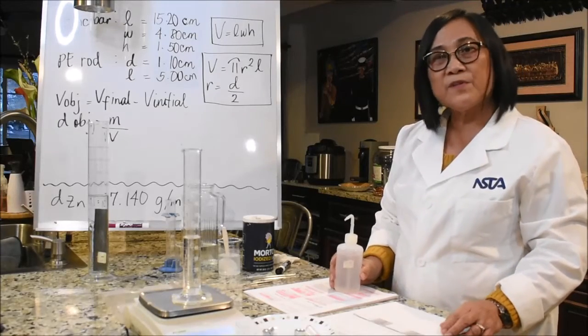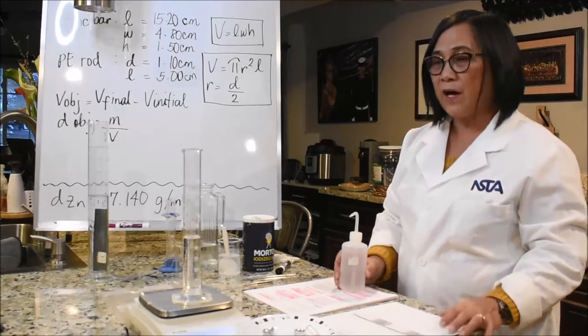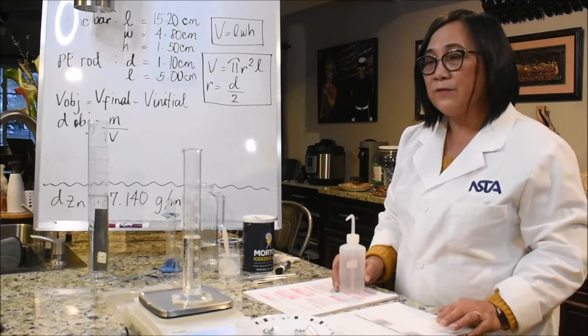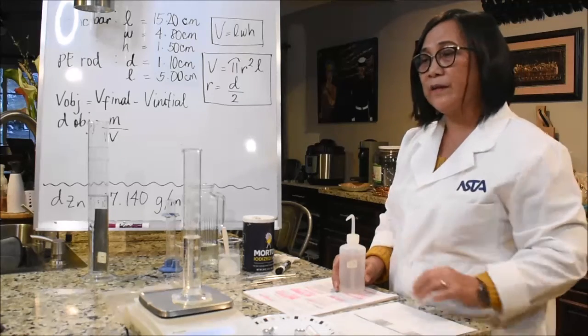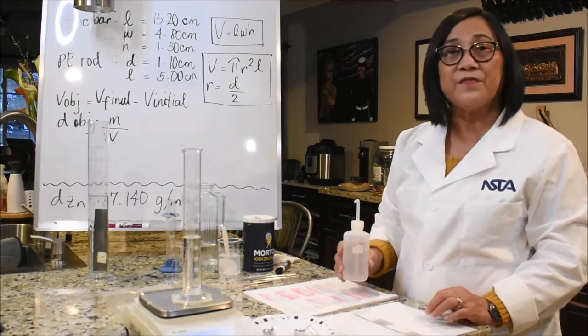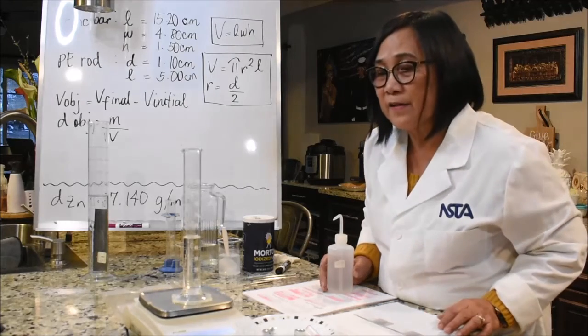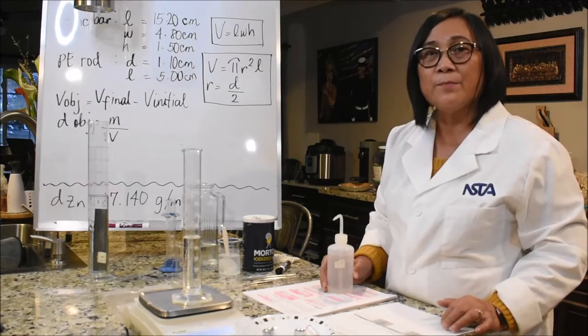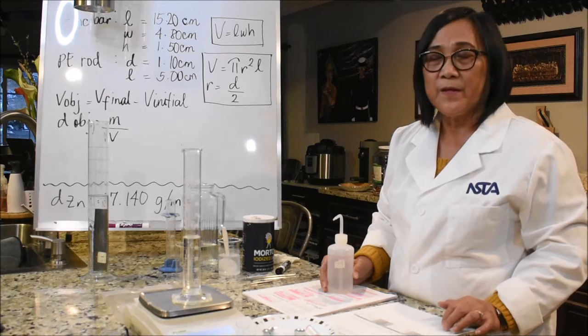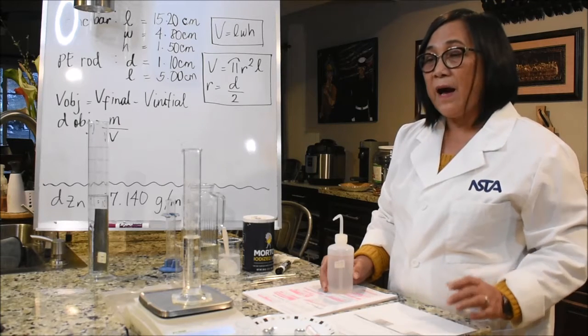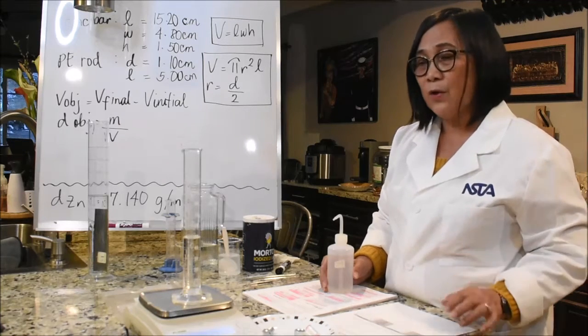And note, I demonstrated to you reading at eye level, so you have to stoop down. So now the final mass of our graduated cylinder that now has 50 ml of water is 181.4 grams.